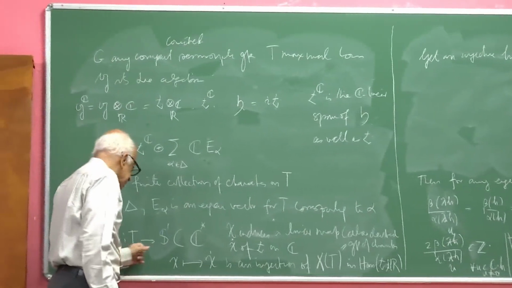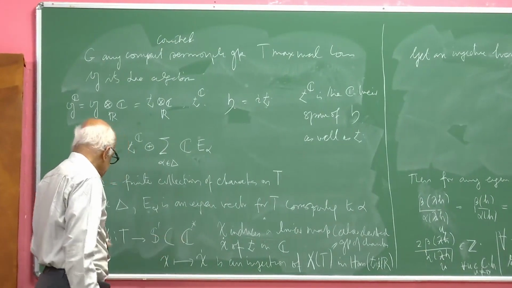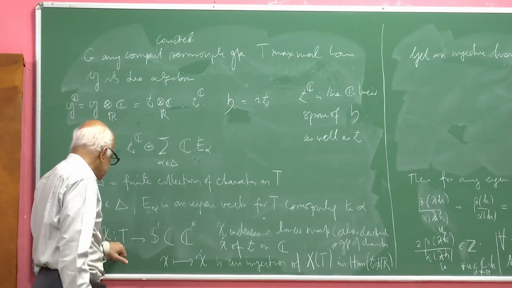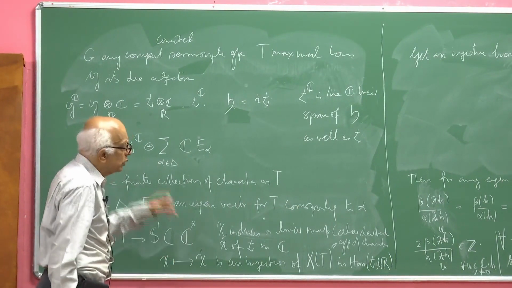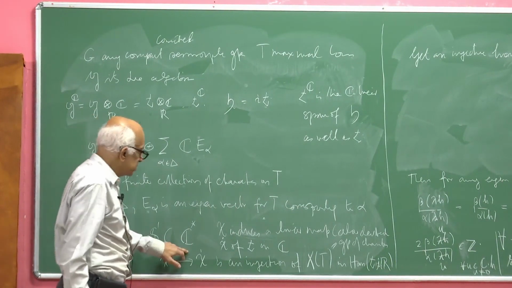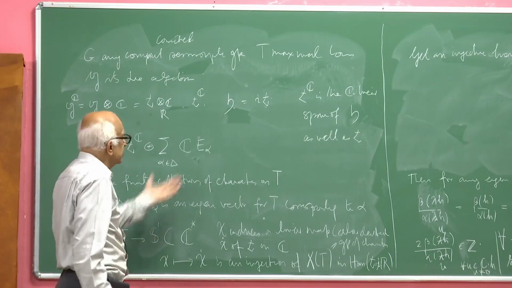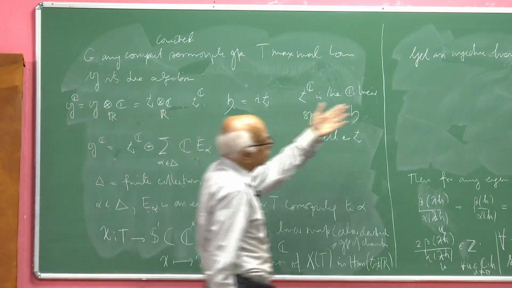because the character chi takes values of modulus 1. The chi of any element is an element of modulus 1. Correspondingly, the chi dot character takes the Lie algebra into purely imaginary numbers, and therefore I times that, which is exactly H, takes everything into real numbers.